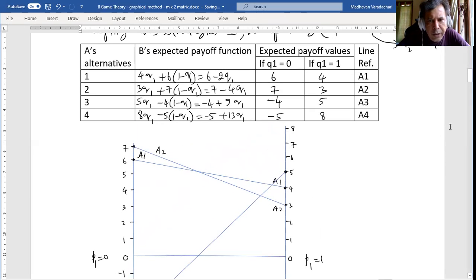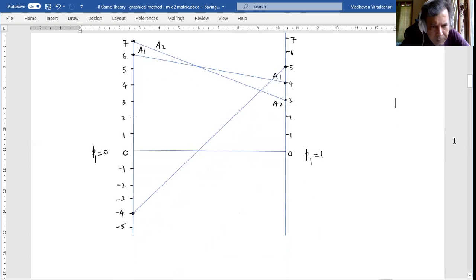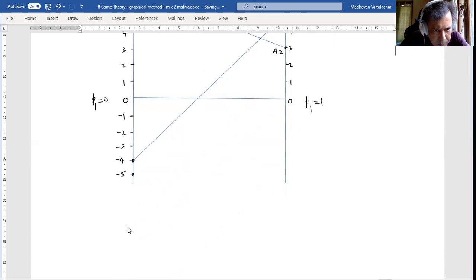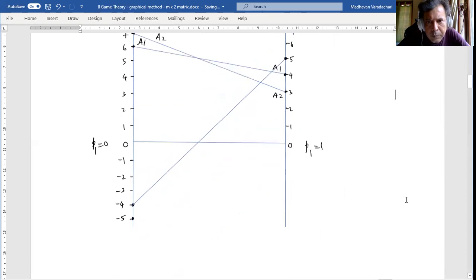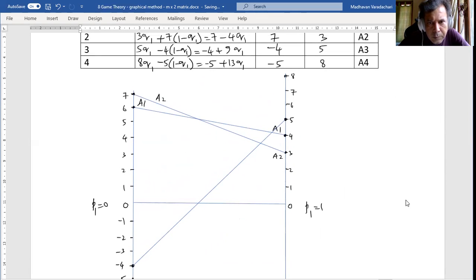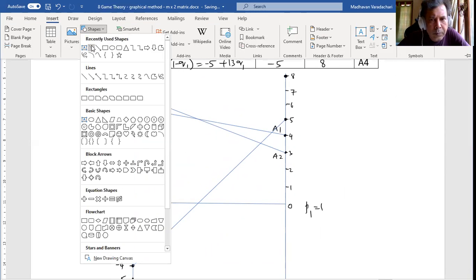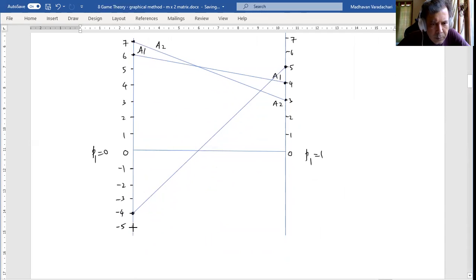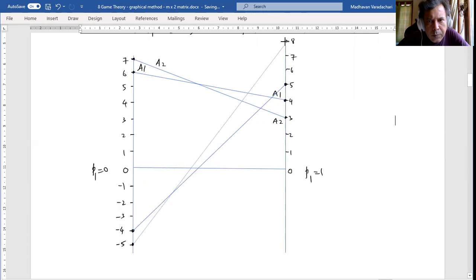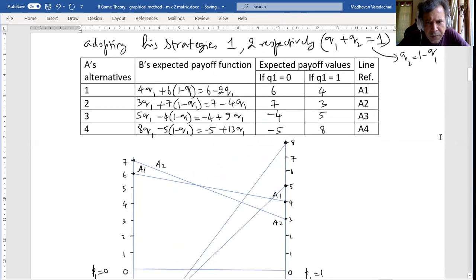Then left side is -5, right side is 8. I didn't specify that A3 is -4 and 5.